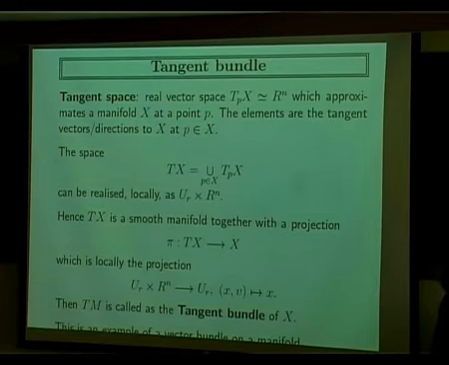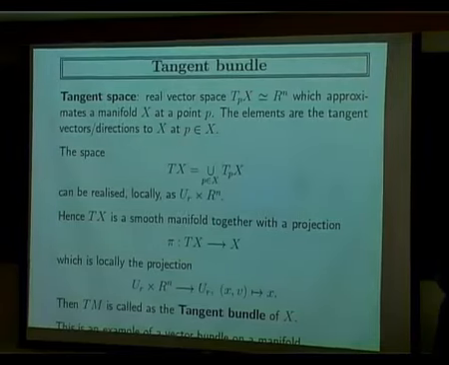So for any point you can associate a tangent space, which is just a flattening of a small neighborhood at that point. This is the real vector space you attach, and it is again of dimension n, because that's by definition, and the elements are called the tangent vectors to X at that point P. So this you can do at any given point on your manifold.